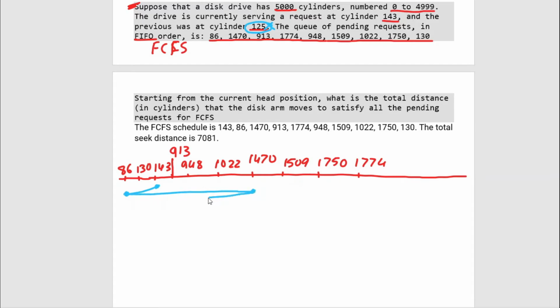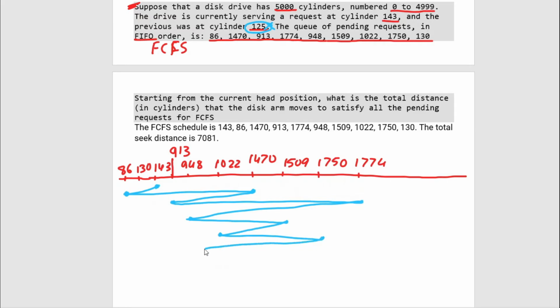From 1470 it is going towards 913. 913 to 1774. From 1774 to 948. Then from 948 to 1509. 1022. Then 1750. Then we do have 130, and your stylus will end at this position.